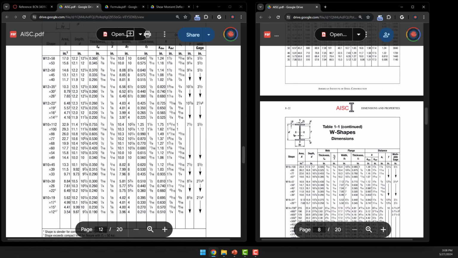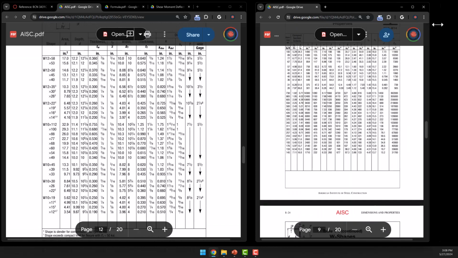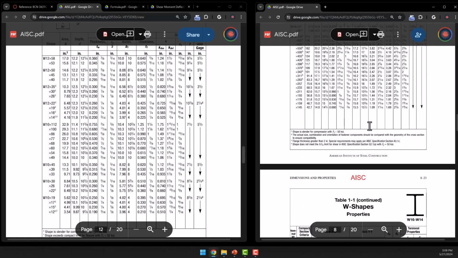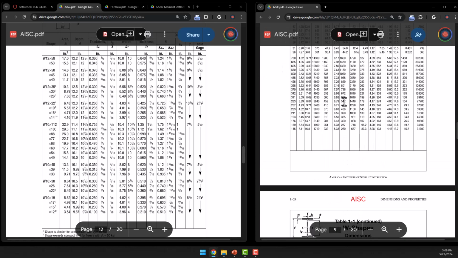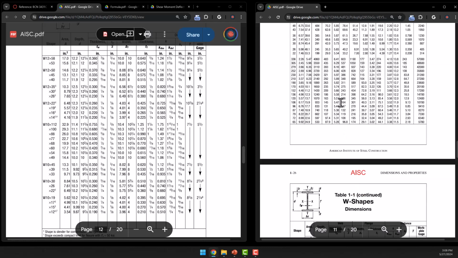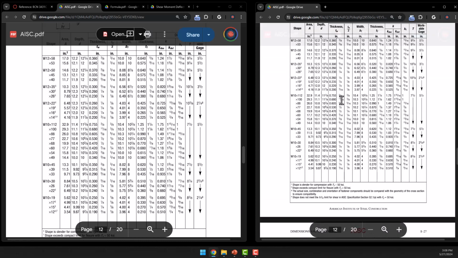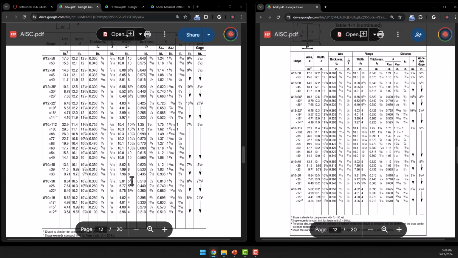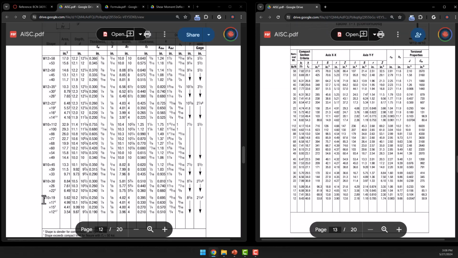So you see that this one over here is actually a continuation of the left one. You see the 19 over here matches the 19 over here.